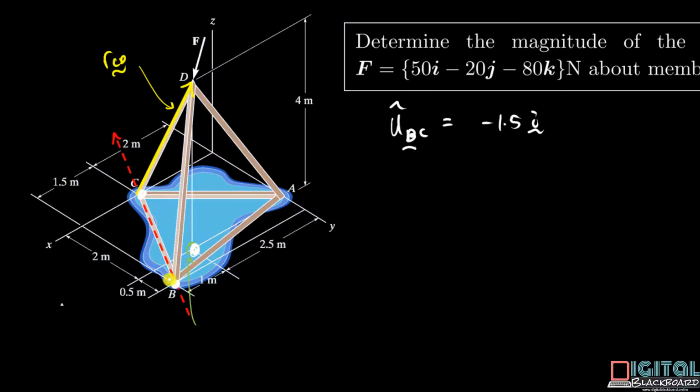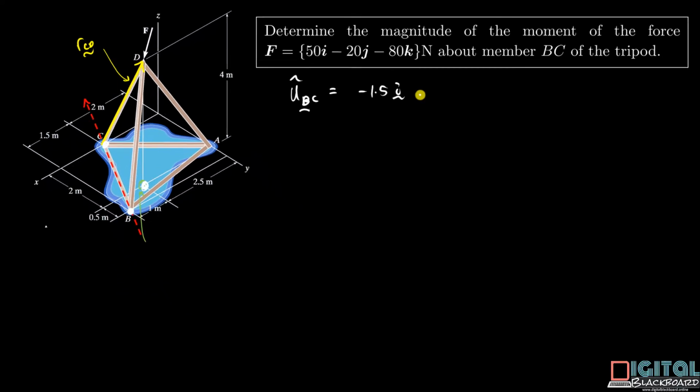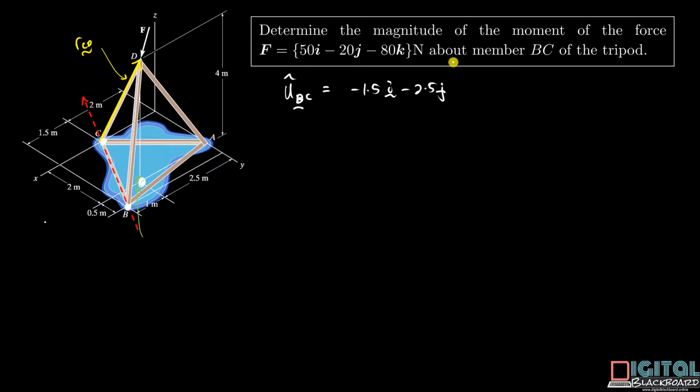So in the y direction, it has moved backwards by 2.5 meters, so minus 2.5 j, and then divided by the magnitude, which is simply the square root of 1.5 squared plus 2.5 squared. This will give us something like minus 0.5145 i minus 0.8575 j.